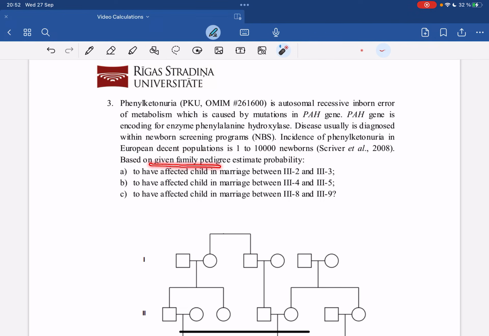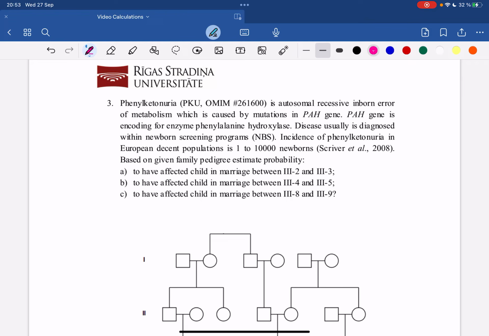Based on the given family pedigree, estimate the probability of having an affected child in a marriage between 3.2 and 3.3. What do we know? First of all, we know that we're looking at phenylketonuria, and it is autosomal recessive.